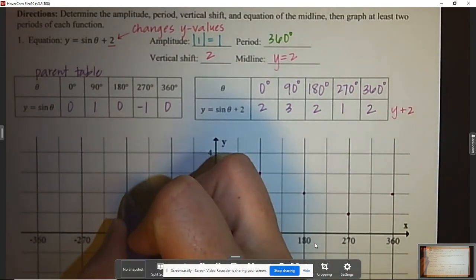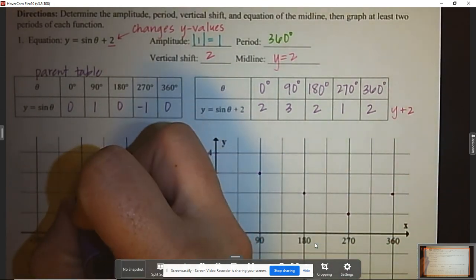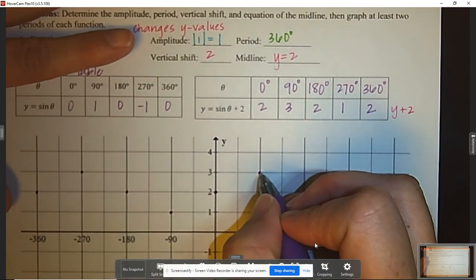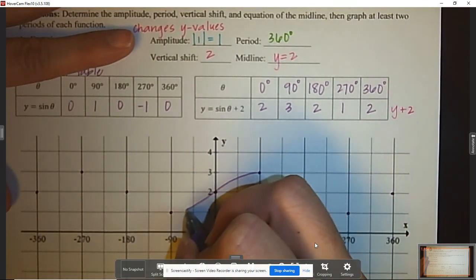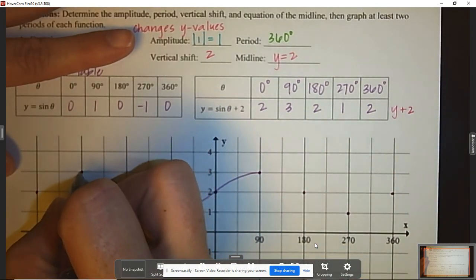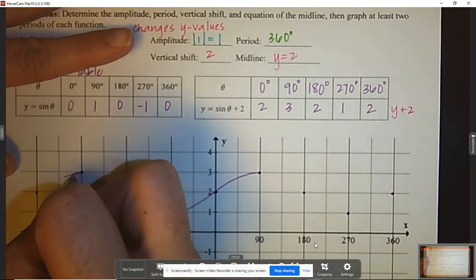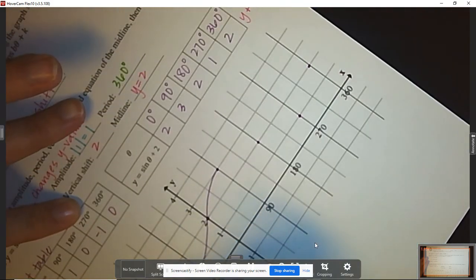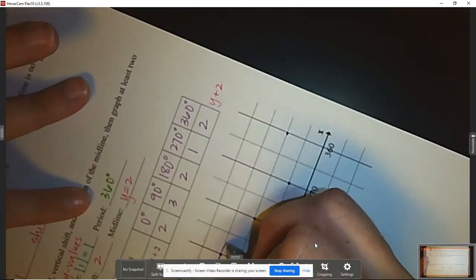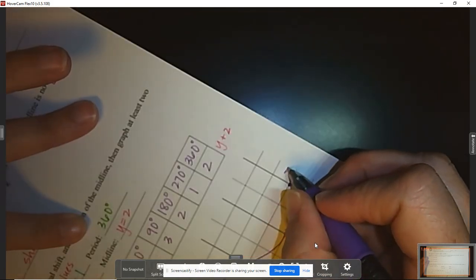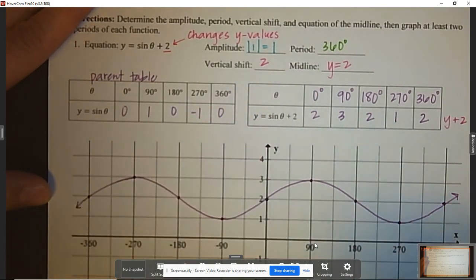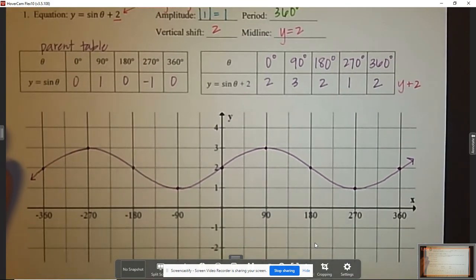That will be right there, then 3, and 2. So now I just have to sketch in the curve. Probably have to turn my paper. Okay, there is my shifted sine graph.